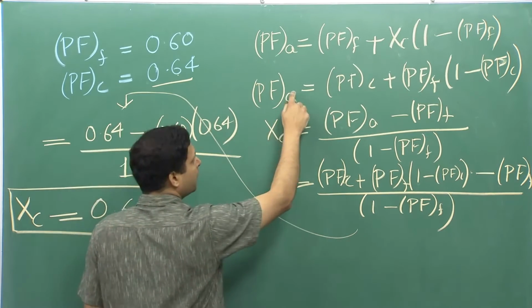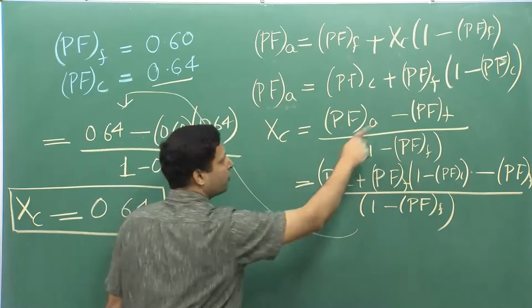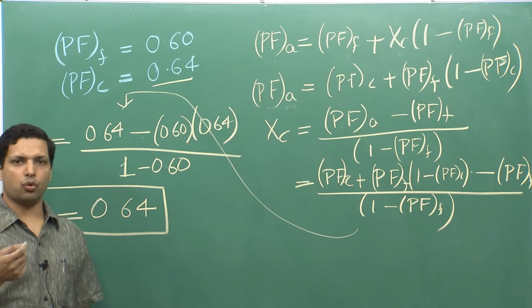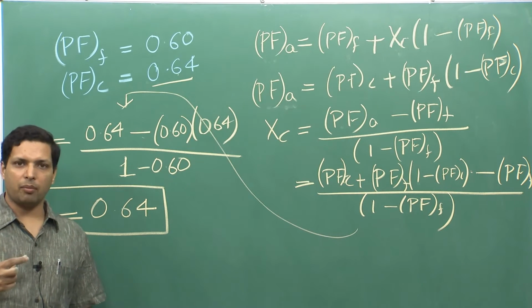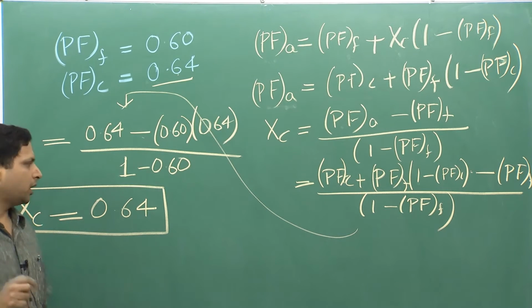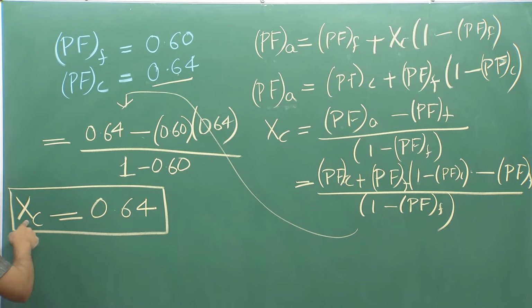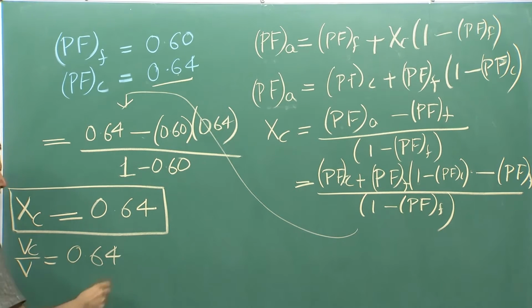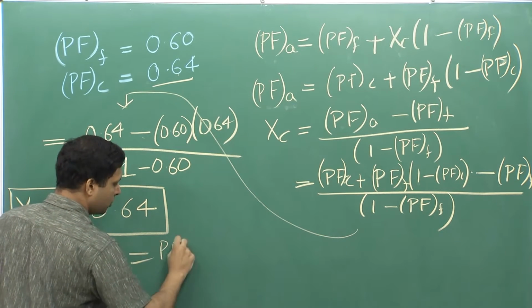And therefore, when we say PFA equal to this, we are actually saying that the coarse particles have taken all the major positions and the fine particles are in the pores only. And therefore, the fraction XC, which is equal to VC by VT, is equal to 0.64, which is the same as the packing fraction coarse.